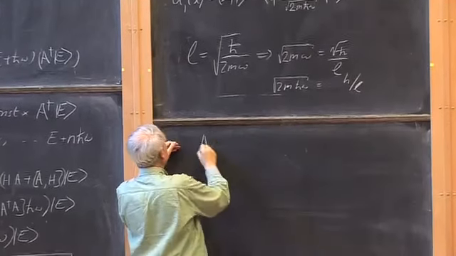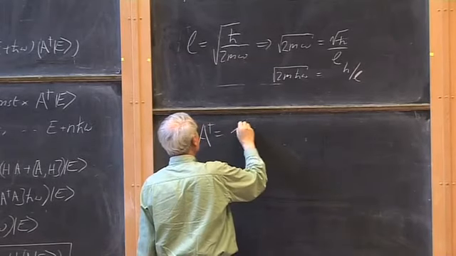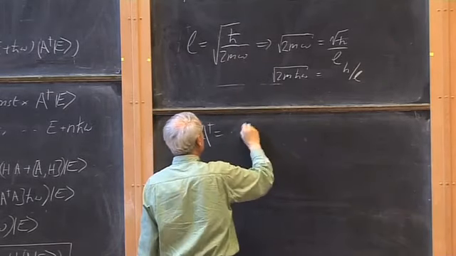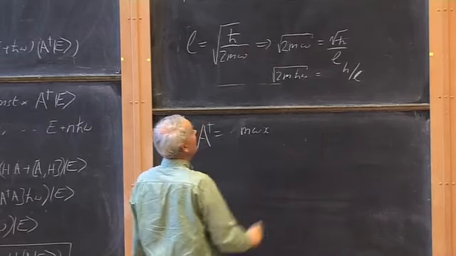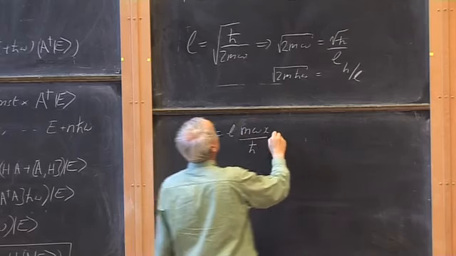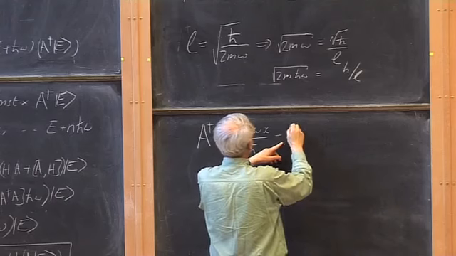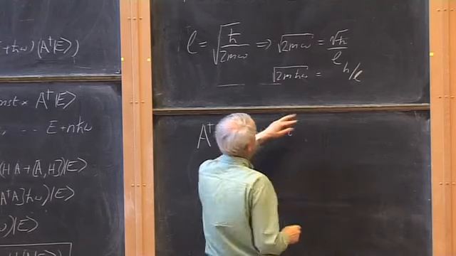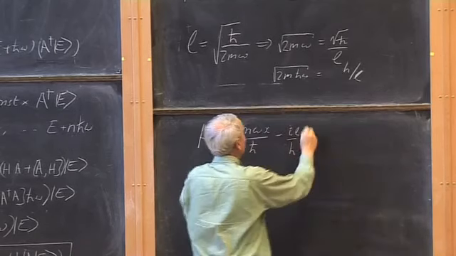So I can say that A dagger is equal to m omega x, and on the bottom is h bar over L, so an L here and an h bar there, minus i, and I have an h bar on the bottom and an L on the top times p.